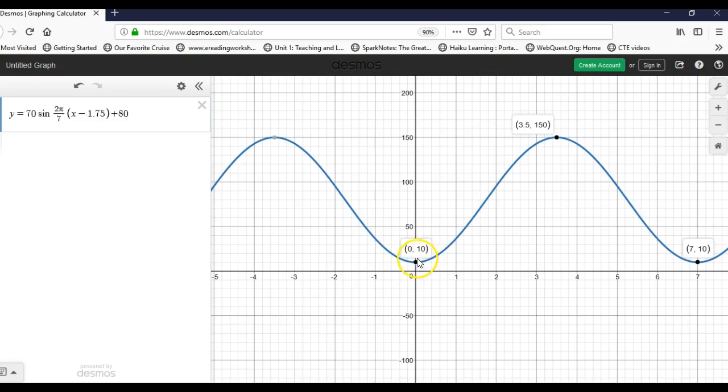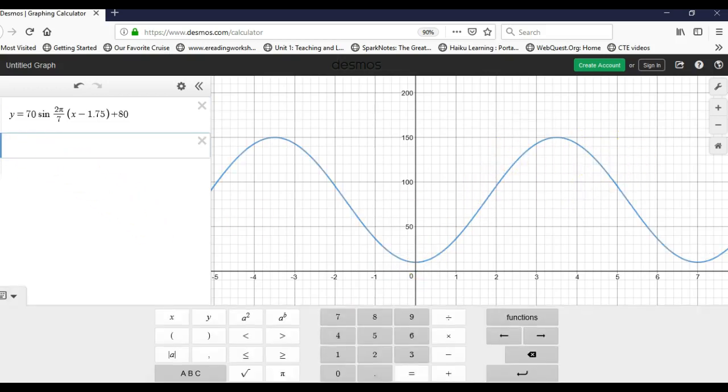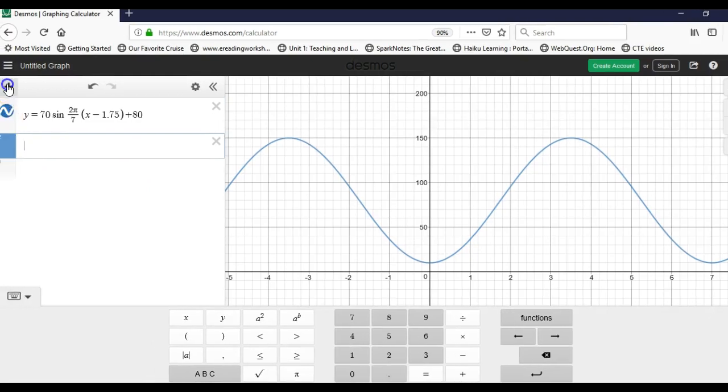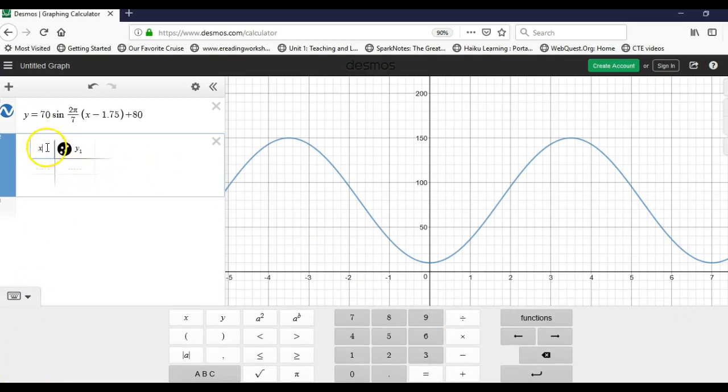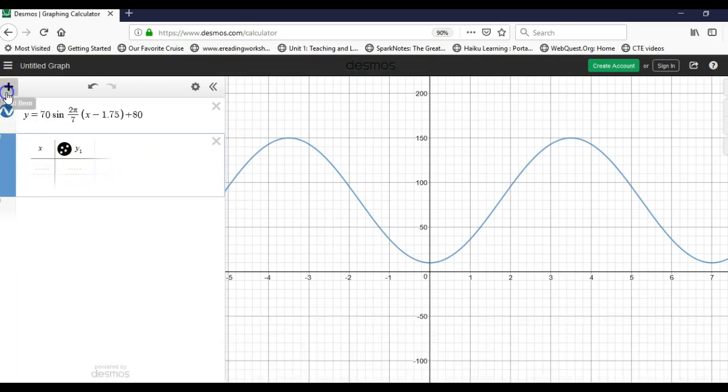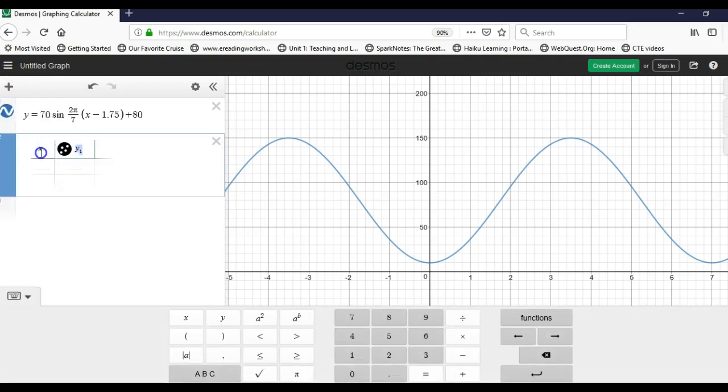And another way we can get some more points that are more accurate than the actual graph itself is we could add a table. So, alright, what we can do here is we can make a table. We got this by writing plus symbol table. We're going to go ahead and write in X for our one column.